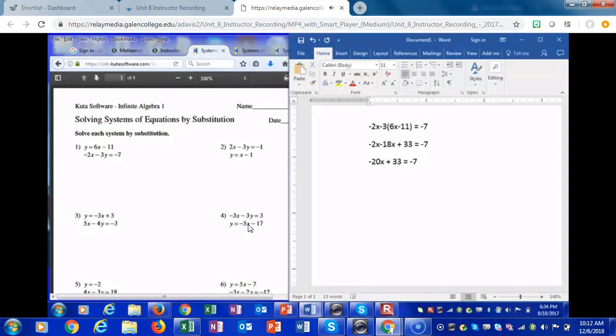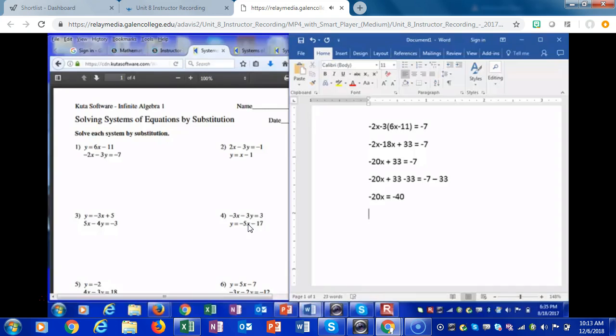If you move the 33 to the right, the minus 33 is moving it to the other side, so negative 7 minus 33. The 33s cancel. So then you have negative 20x equals negative 7 and negative 33, same signs you add, you get negative 40.